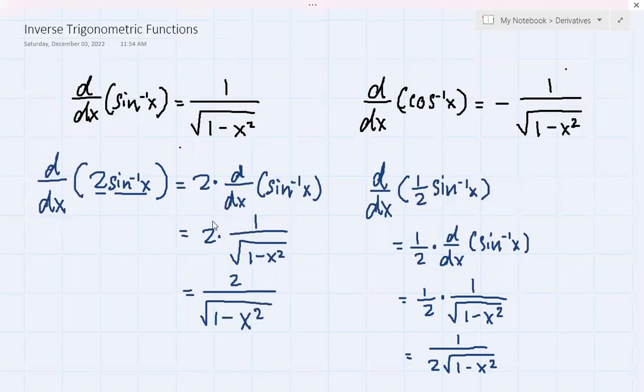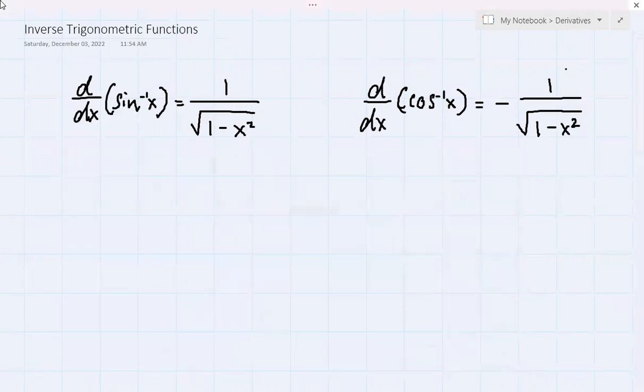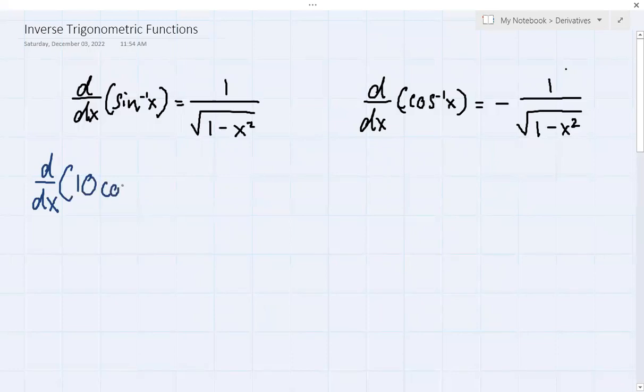Okay? Now let's proceed sa arc cosine. So ganun din naman actually. So third example, let's just say we have 10 times arc cosine. So in here, we will have 10 times the derivative of arc cosine. So ang arc cosine is what?